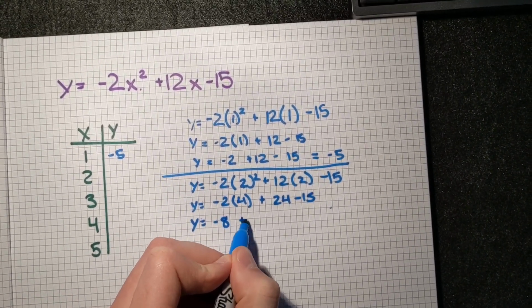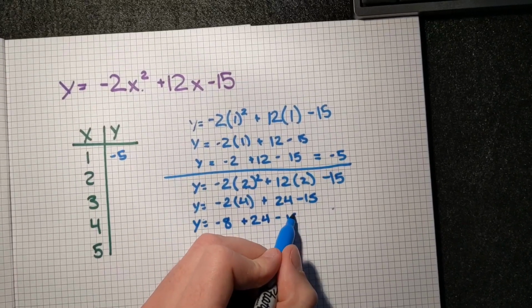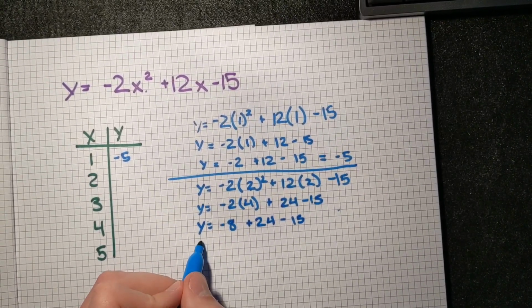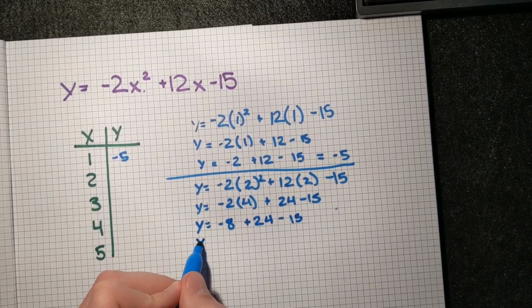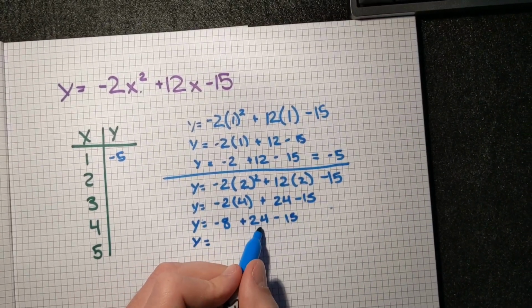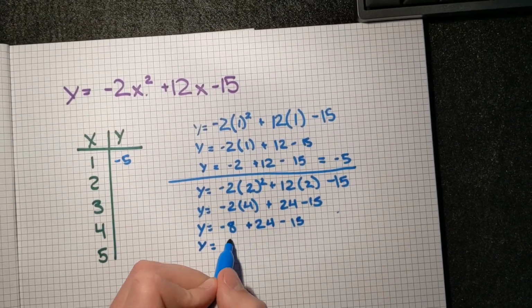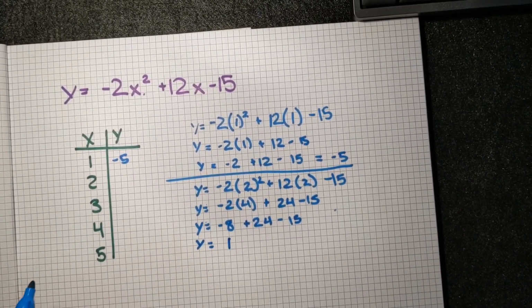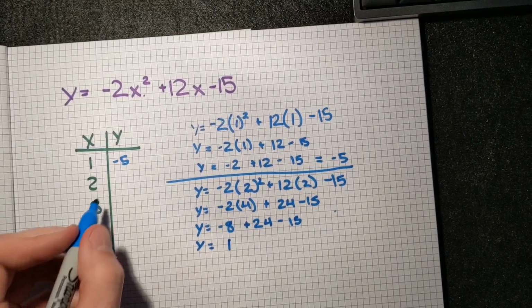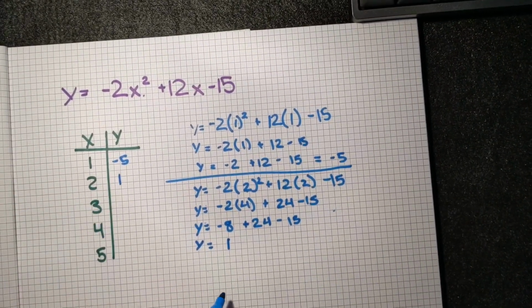So we have -8 plus 24 minus 15. -8 plus 24 is 16. And then minus 15 is 1. All right, so 1 goes there.